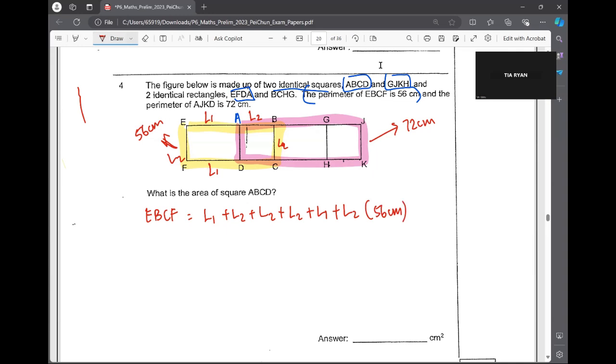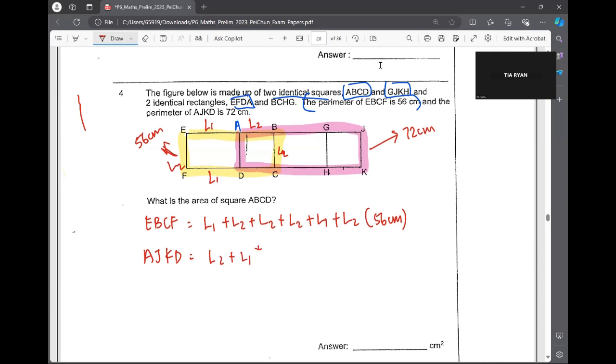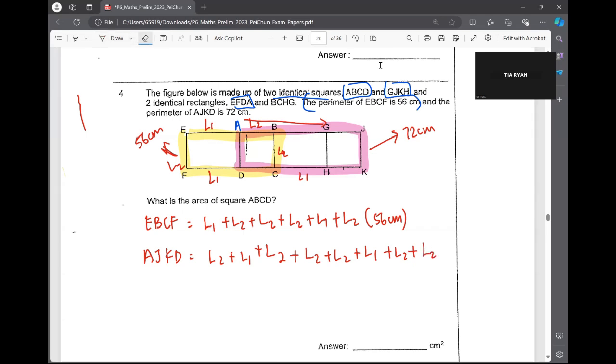How about for the other one, AJKD? AJKD is made up of length 2 plus length 1 plus length 2 plus length 2 plus length 2 plus length 1 plus length 1, then plus length 2 plus another length 2, plus another length 2.